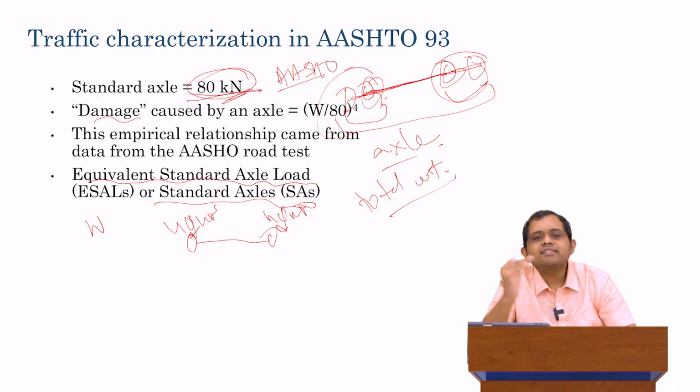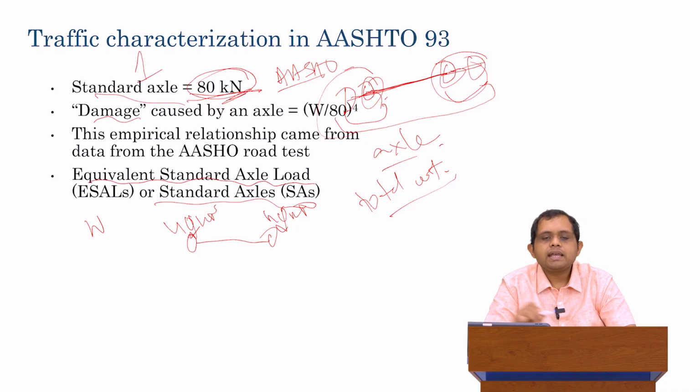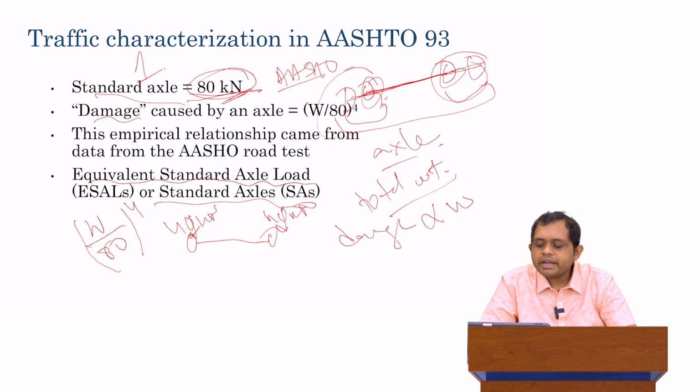So if we rescale the damage such that the damage of the so-called standard axle, this 80 kilonewton axle, was 1, then it was found empirically that the damage caused by any axle was proportional to the weight of the axle raised to the power of 4.